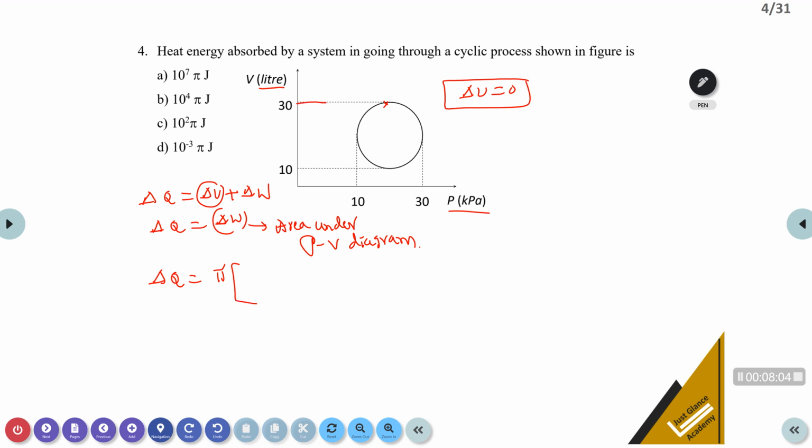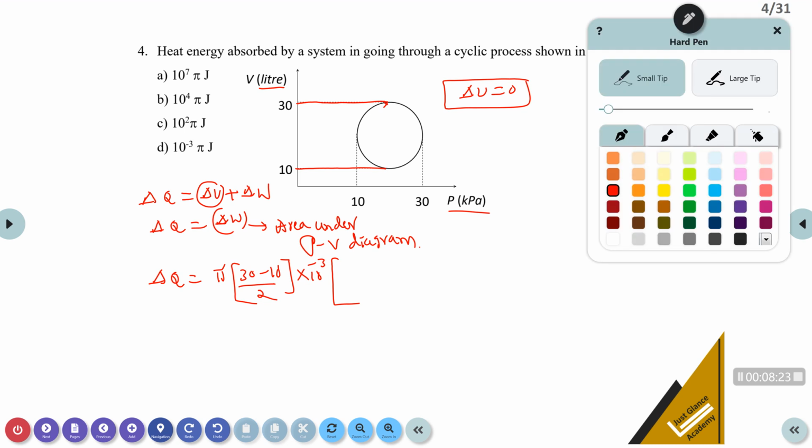From this point to this point, it is (30 minus 10) divided by 2, because it's a diameter, in liters. Now I want to convert the minus 3 this way.